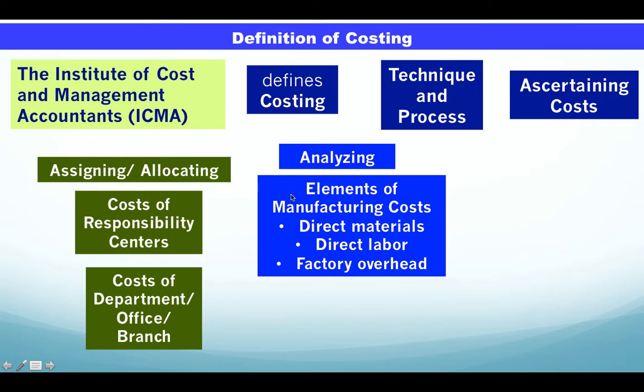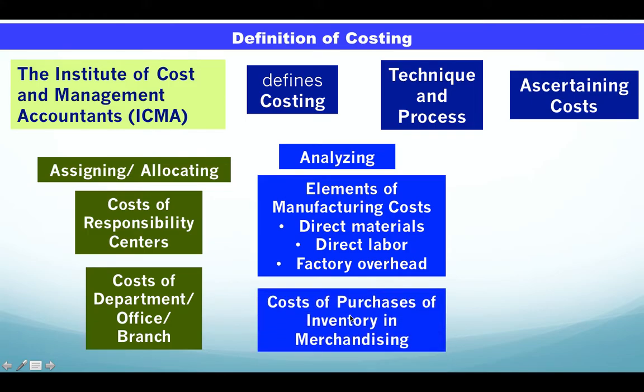When we speak of elements of manufacturing cost, we mean direct materials, the cost of direct labor, and the cost of factory overhead. This is for manufacturing business. However, for merchandising, we can perform analyzing of cost of purchases of inventory.